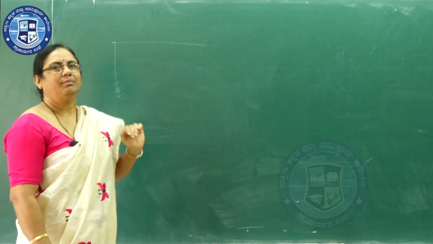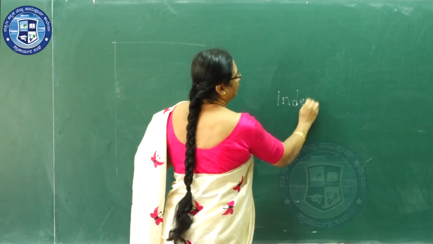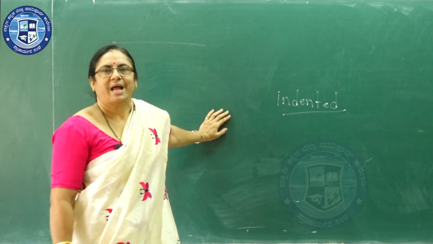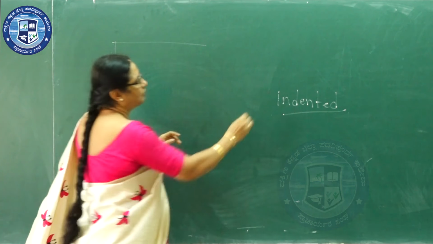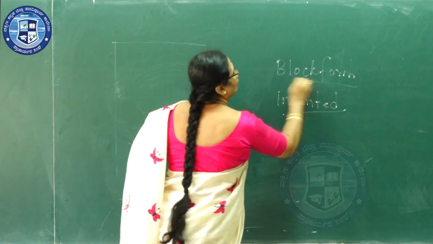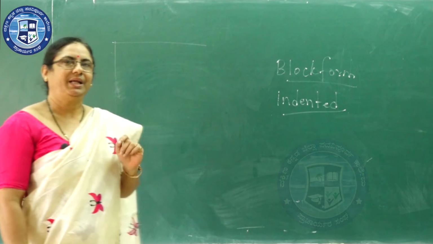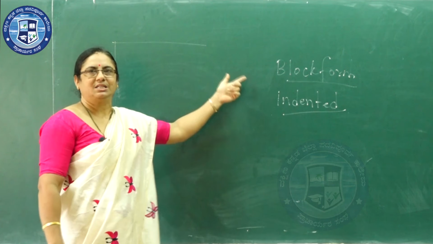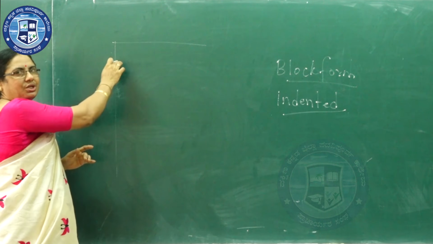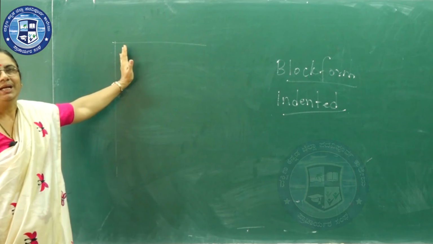Now, we usually come across letters which are indented. But the latest accepted format is what we call as the block form. And what you're expected to adopt as letter writing pattern in the second year answer paper is also the block form. We start all the information that we write on the letter from the left end.